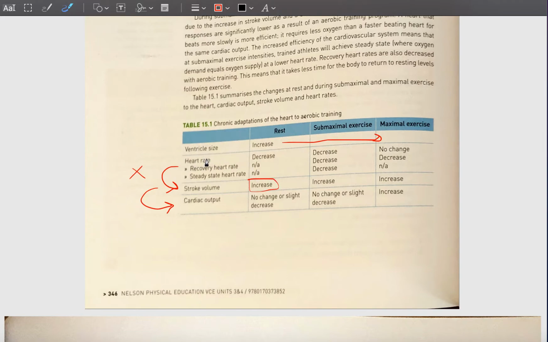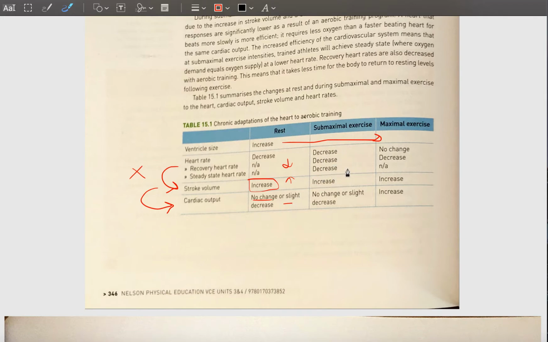Heart rate itself will decrease so that the cardiac output will have no change. Might say slight decrease because the muscle is actually more efficient and therefore less blood needs to come out of the heart. But essentially no change, because this decreases and this increases, this should stay the same.